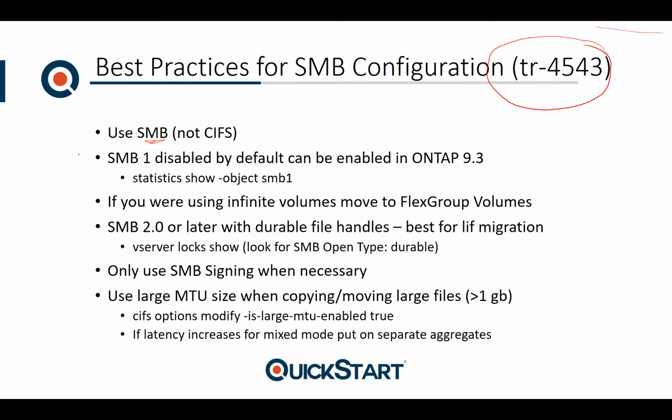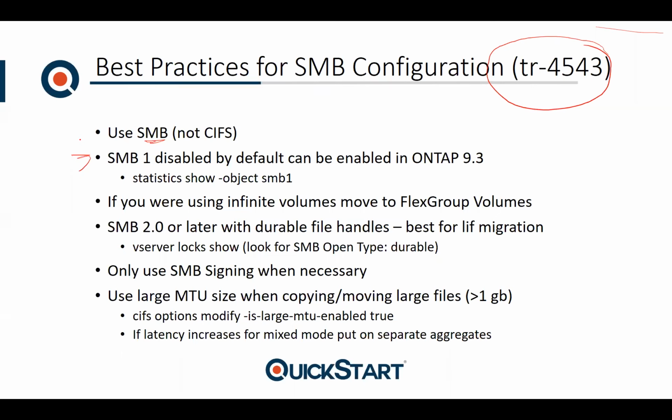The second little piece I mentioned is SMB1. Microsoft's phasing out SMB1 and NetApp's following suit. In ONTAP 9.3, SMB1 is disabled by default. Before 9.3, it was enabled by default. So you can come along and enable it if necessary.